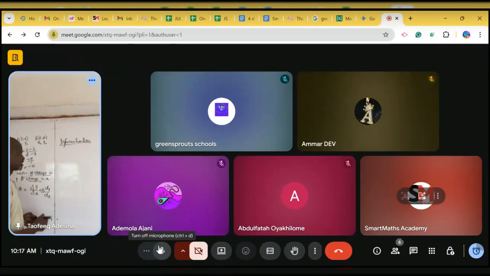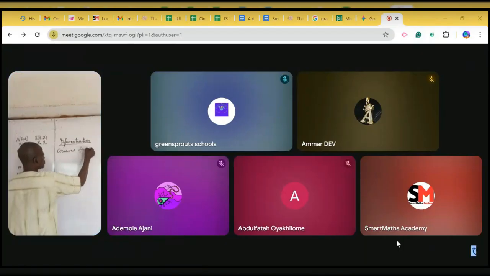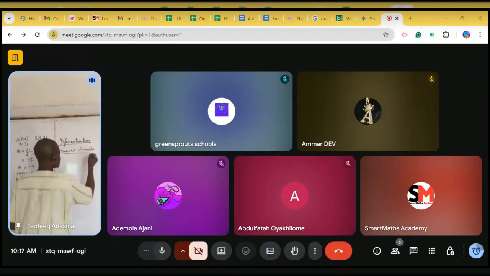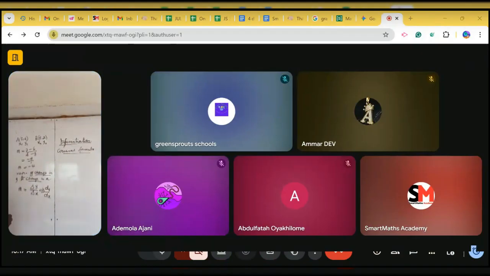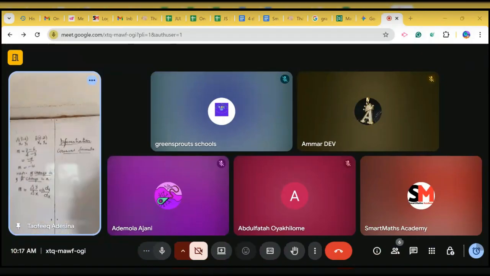Now, the general formula. This is not the one you call the almighty formula. No, it's a general formula that we apply to differentiation. I'm going to explain it to you.